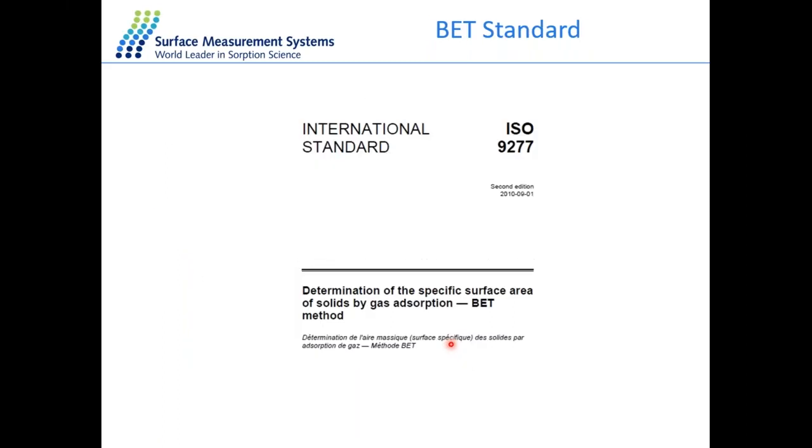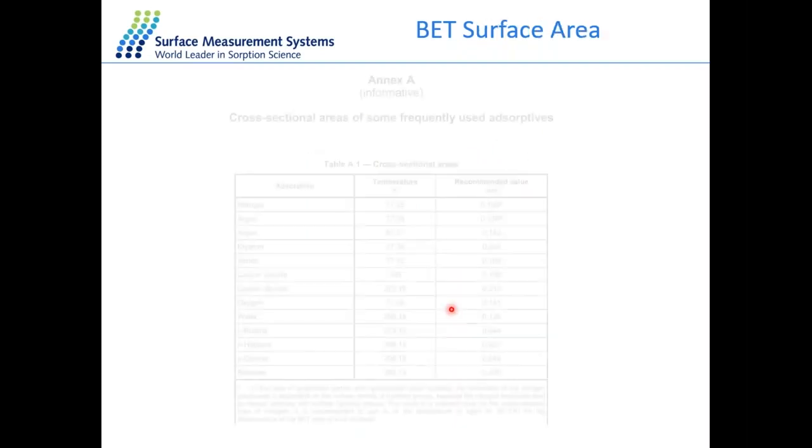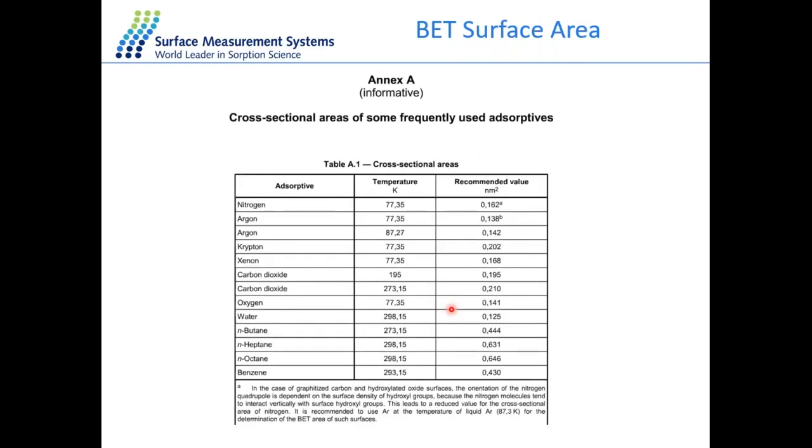So there are some international standards in terms of determining the BET surface area. This particular standard is developed for both volumetric and gravimetric techniques, and they use that to get some BET standard materials.